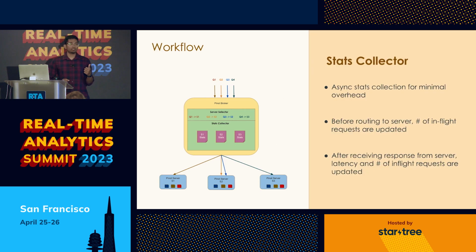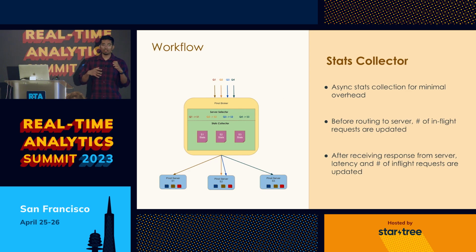So the stats collector and the server selector that we see here is in the critical query processing path. So any sort of heavy lifting or computation that we do here is directly going to reflect as elevated latencies for our customers. So it's very critical that this is as lightweight as possible.